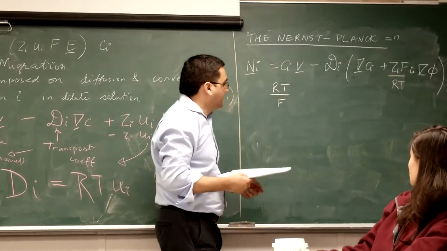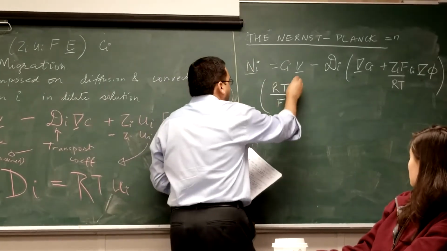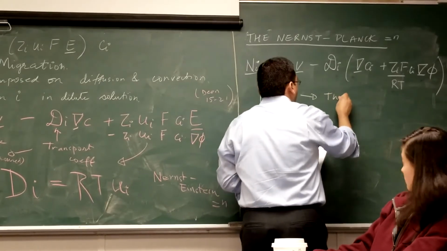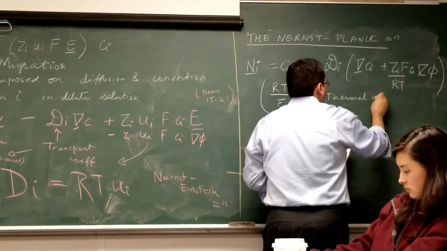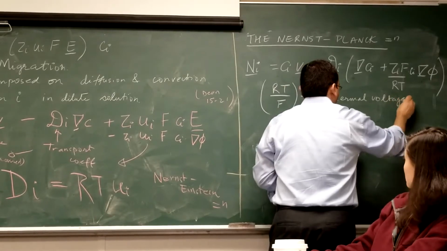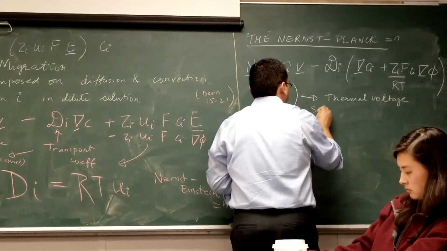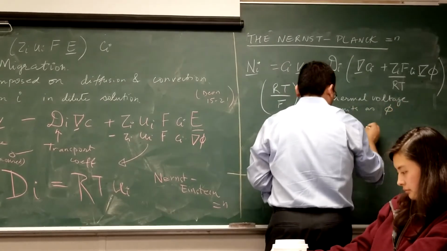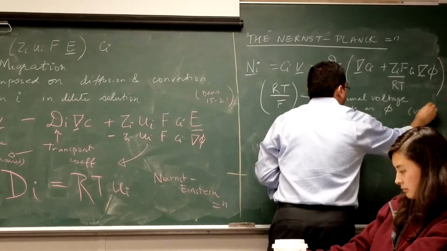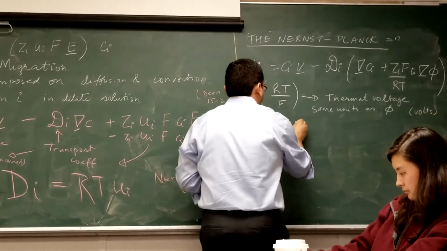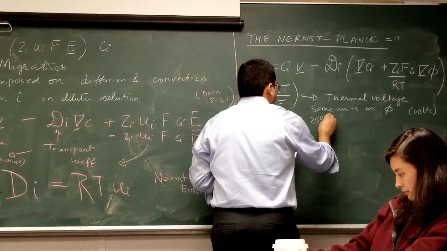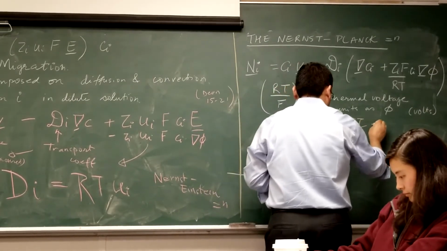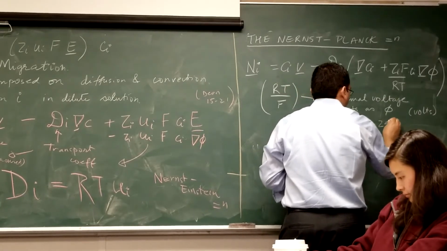So it turns out this term RT over F appears a lot in these kind of calculations, and it's called thermal voltage. It has the same units as phi, which means it's in volts, and at 25 degrees Celsius, this RT over F is equal to 25.7 millivolts.